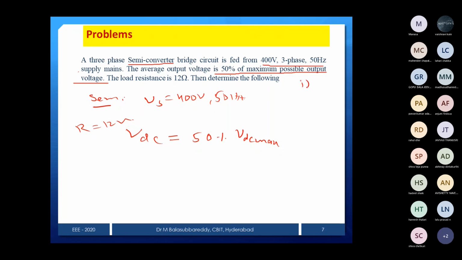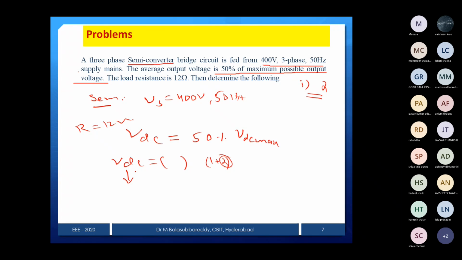Let us assume the firing angle is alpha. Then how will you find the firing angle? Once you know VDC, and in the problem they have given something maximum into some function of alpha, this is the unknown parameter.